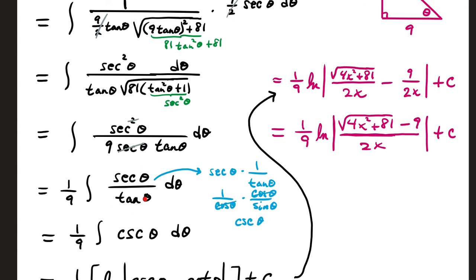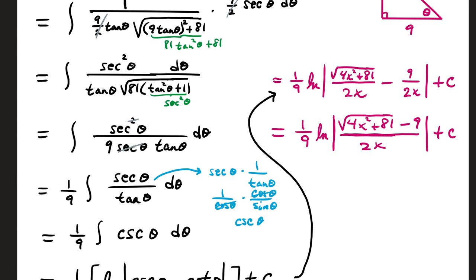So this fraction simplifies to cosecant theta. It doesn't have a very friendly antiderivative at all. In fact, the antiderivative for cosecant theta is natural log absolute value cosecant theta minus cotangent theta plus c. And don't forget this 1/9 out front.